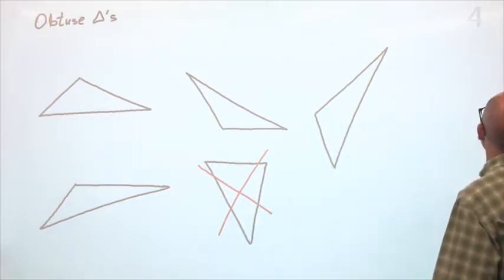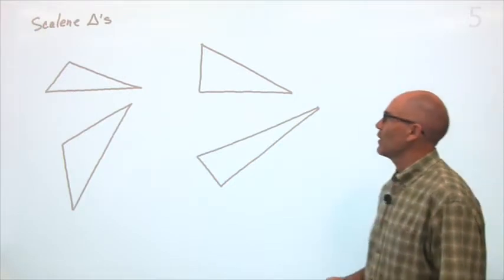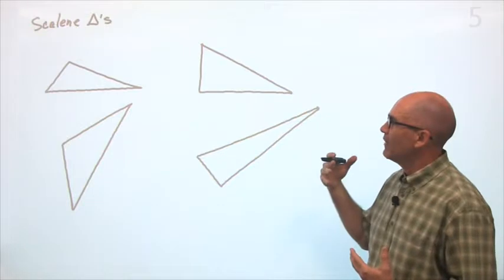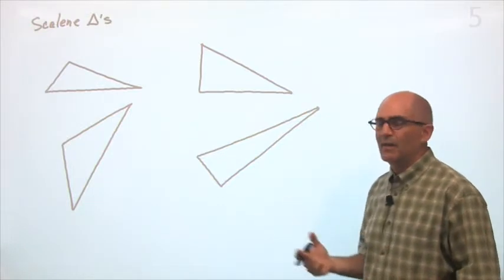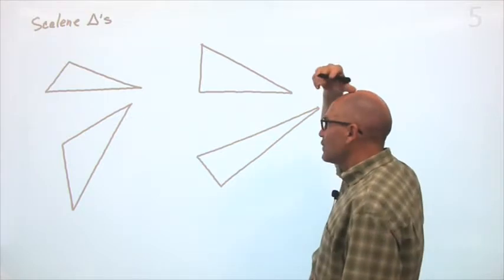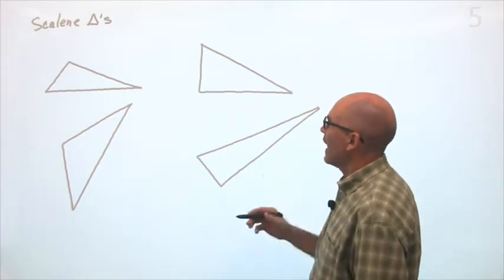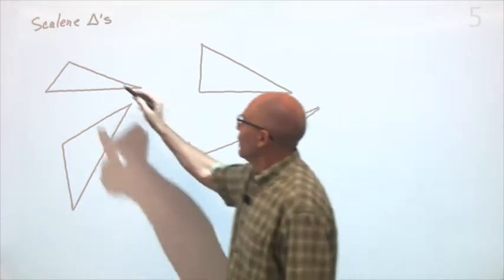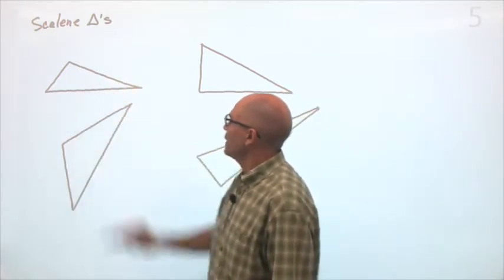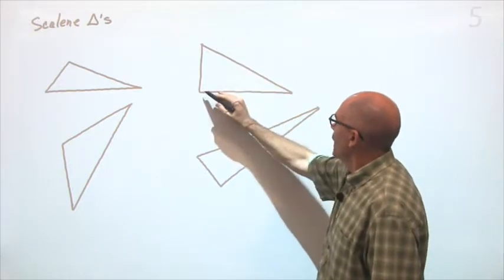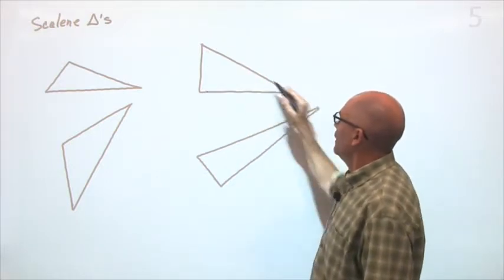All right, now let's go with the triangles that are designated by the length of their sides. Scalene triangles. So a scalene triangle, all three sides have to be different lengths. So this one, clearly all three sides are different lengths. This one, you have the short side, the medium side, and the long side.